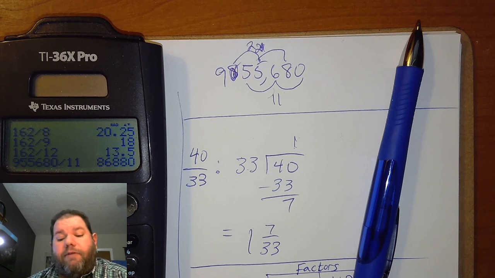It's 86,880 times 11. That one's obscure, and I'm just showing you random things at this point, so don't worry about that one.